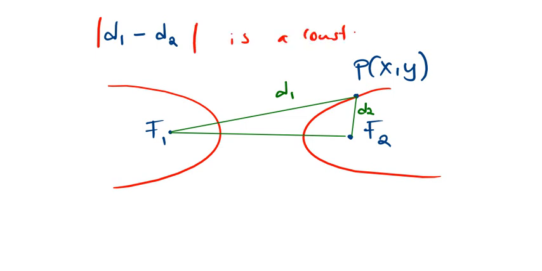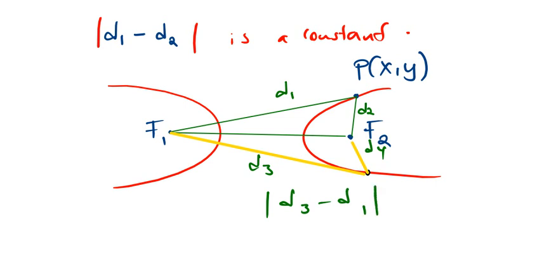That's basically the basic definition of what a hyperbola is. If I get another point on the hyperbola and measure its distances from F1 and F2, call them D3 and D4, again the difference between the two distances is going to be a constant. That's basically what a hyperbola is.